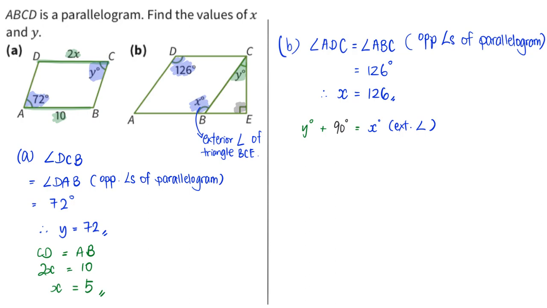With this in mind, I will then be able to find the value of y. Because y is simply my x, which is 126, minus 90 to give me a final answer of 36 degrees, or 36.